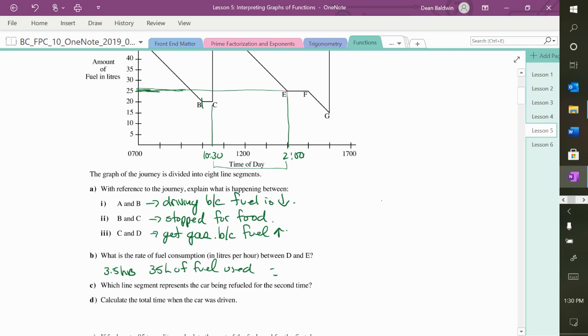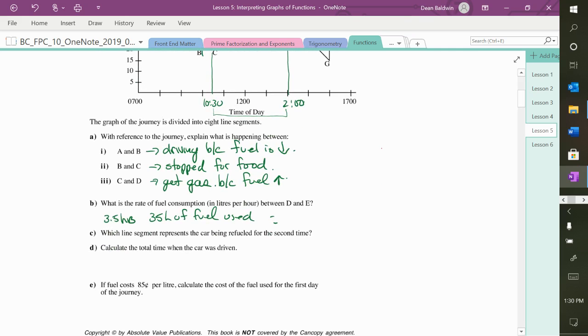Tell me what the rate is. What do you do if I want liters per hour? It's liters per hour, so it's just 35 liters divided by 3.5 hours, which is 10 liters per hour.